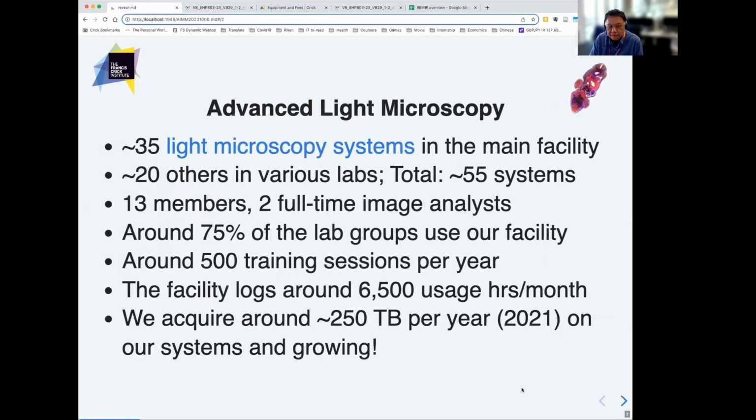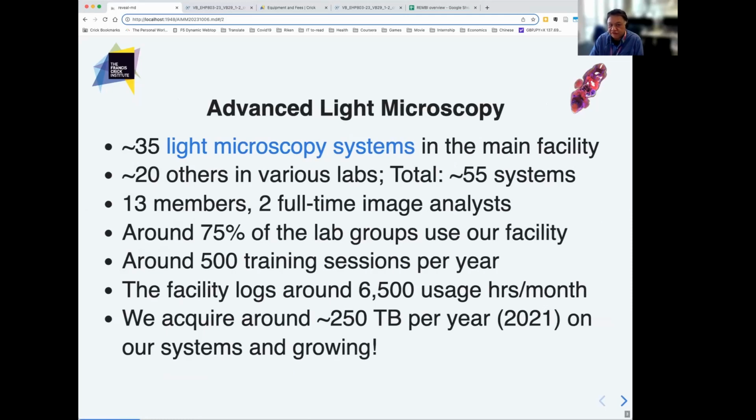I'm part of Advanced Light Microscopy, one of the core facilities. We have other core facilities, including the EHP and others like AIMM. I'm mainly on the light microscopy side.